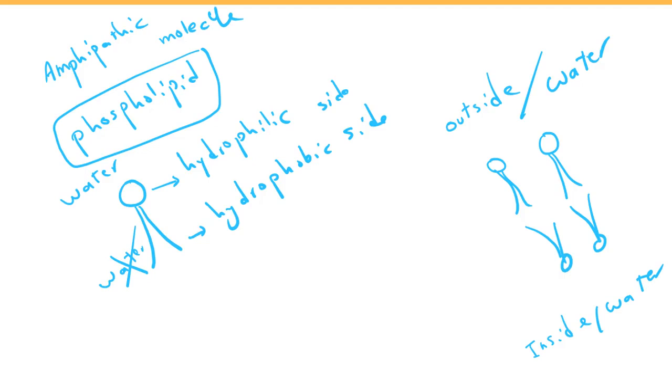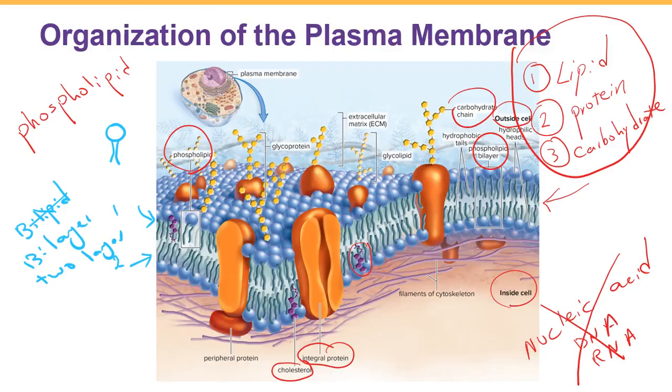So in this way, the heads, which are hydrophilic, face outward toward the watery environment, and their tails face inward away from water and toward each other. Okay, so that's the reason we have 2 layers of phospholipid here between inside the cell and outside of the cell, or between 2 watery environments.